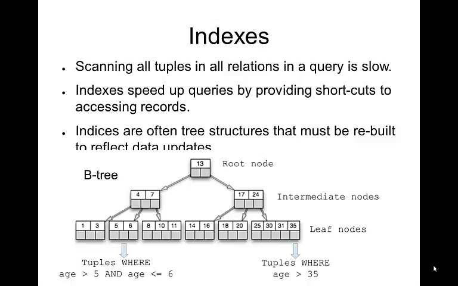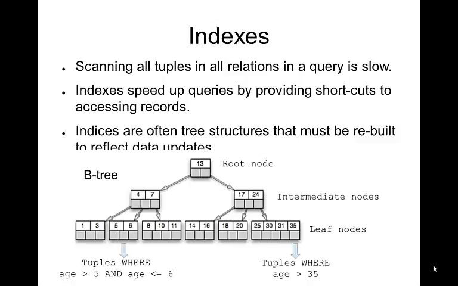We'll just show you a quick example of a B tree index here. So here's a B tree of a field which contains people's ages as an integer. What happens is you get a table and you build a B tree index on it.